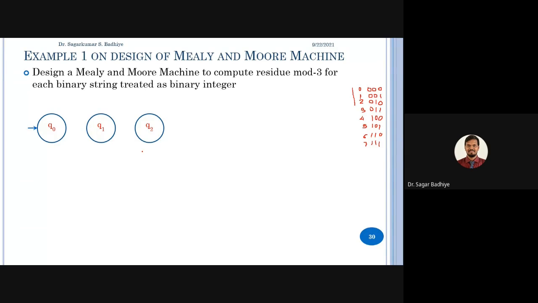So when we are designing a Mealy machine, whenever there is a transition towards state Q0, we should produce an output 0.